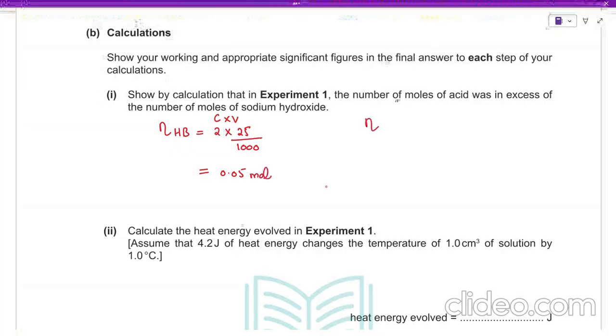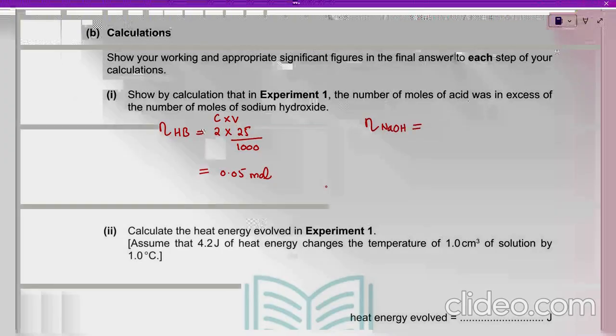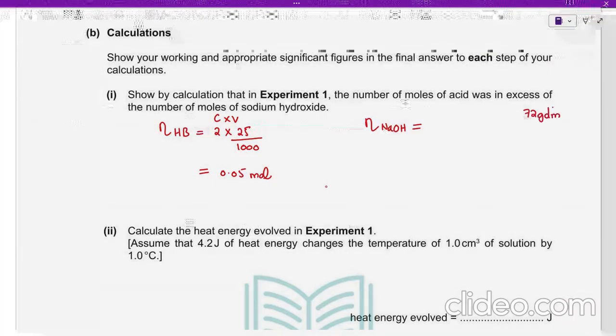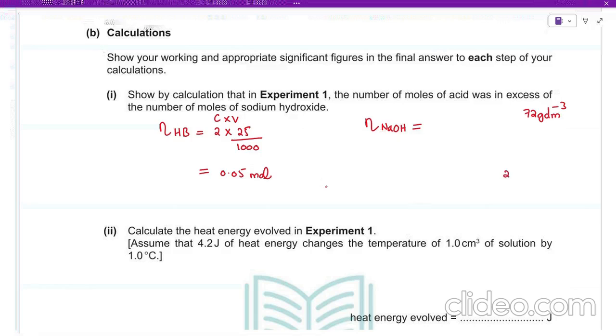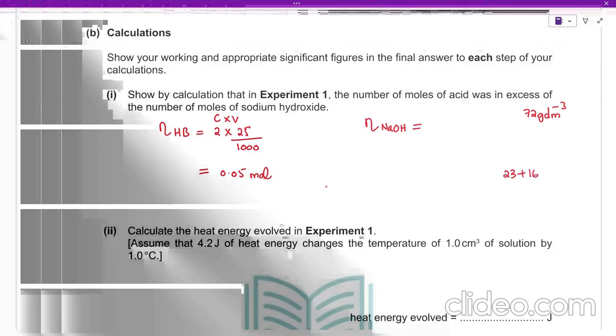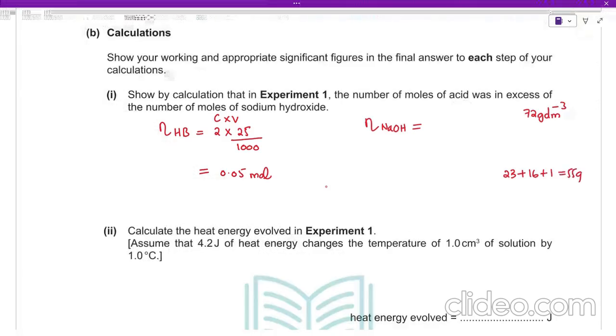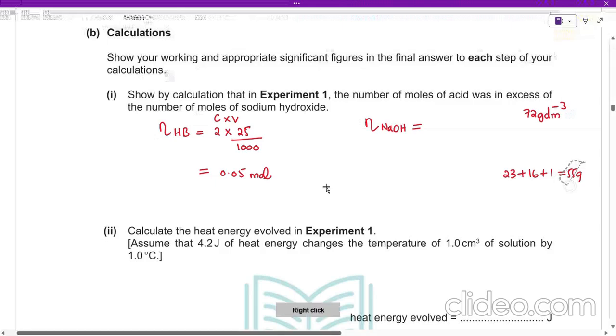Now let's find out the moles of NaOH. You can see that its concentration is given as 72 g per dm cube. Now the mass of sodium hydroxide is 23 plus 16 plus 1, so it is actually 55 grams. Let me just calculate it. So NaOH is actually equal to 40 grams.